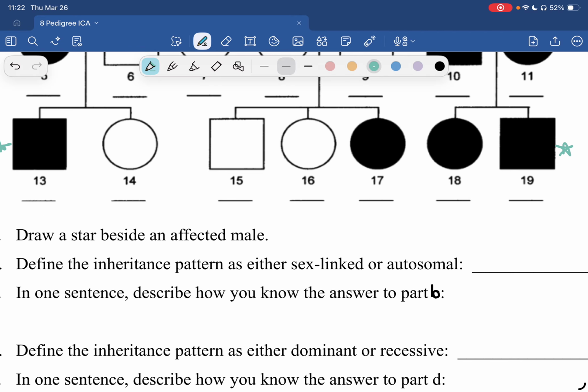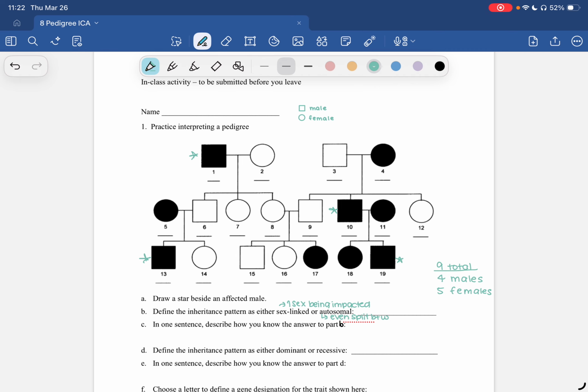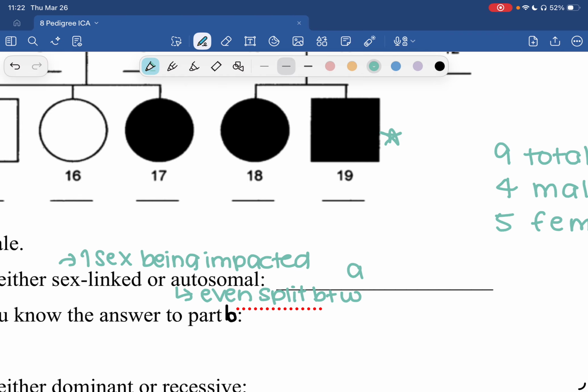In sex-linked, you will only see one sex being affected, whereas in autosomal, you see a pretty even split between the two sexes. So in this particular pedigree, because we have 9 total, 4 being males, 5 being females, almost a 50-50 split, we can say that this would be an autosomal trait.